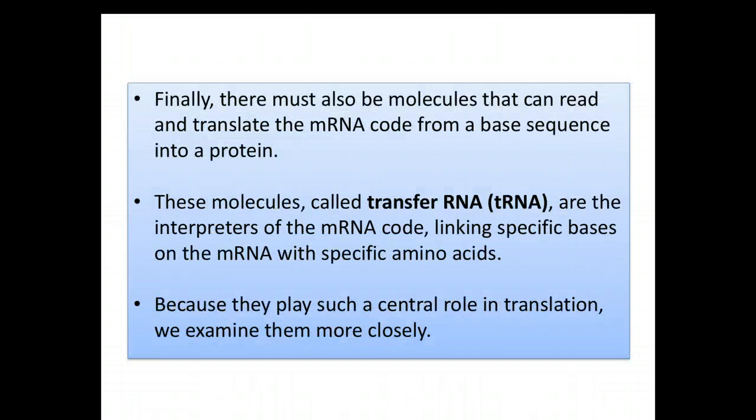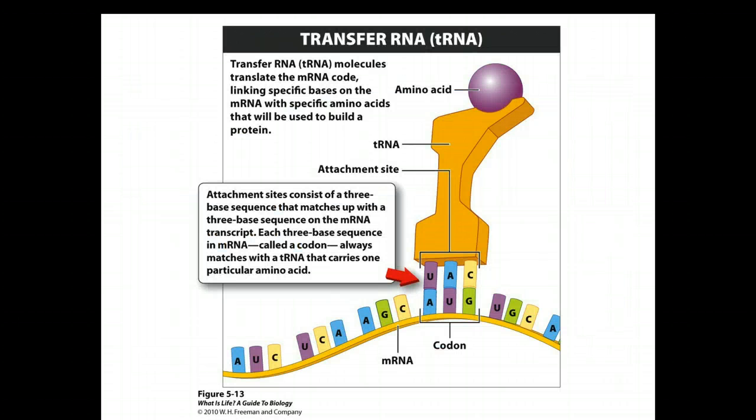Finally, there must be molecules that can read and translate the messenger code from a base sequence into a protein. These molecules are called transfer RNAs and are interpreters of the messenger RNA code, linking specific bases in messenger RNA with specific amino acids. Because they play such a central role in translation, we examine them more closely.